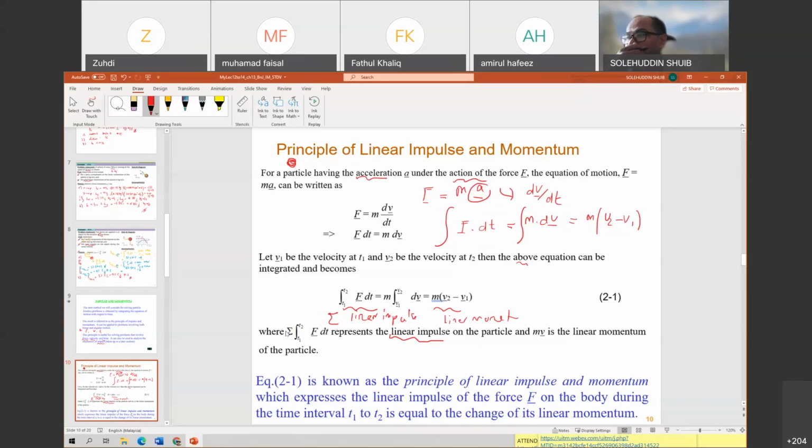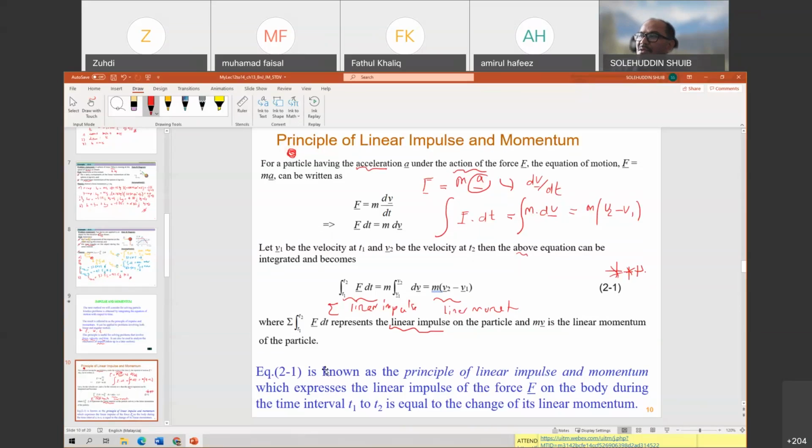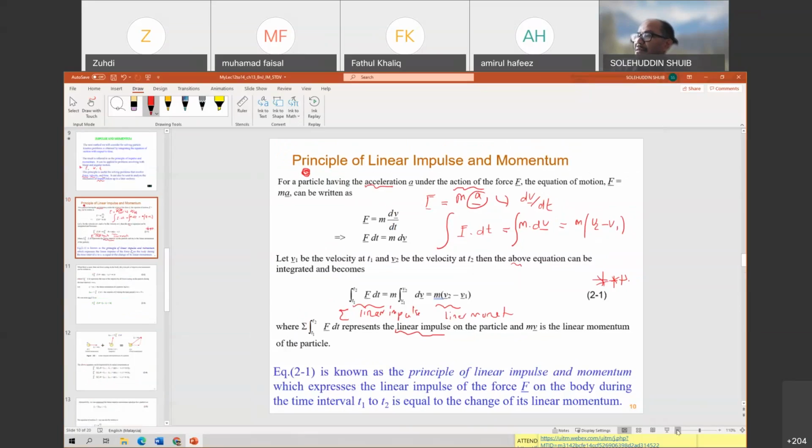We take this as equation 2.1. This equation 2.1 is known as the principle of linear impulse and momentum.